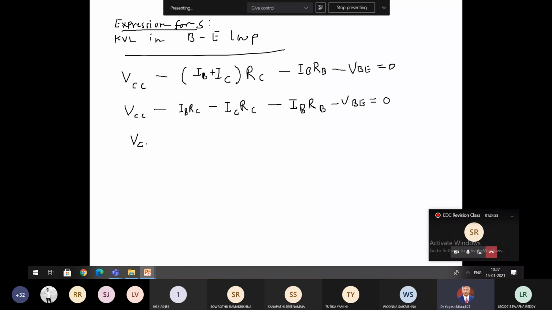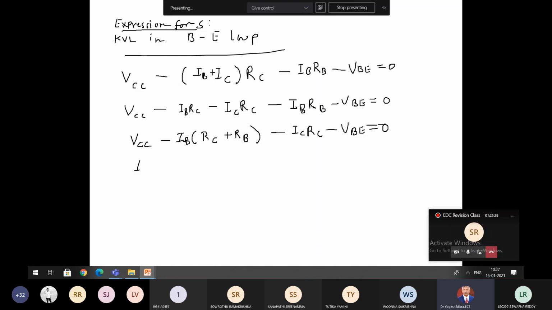I want to bring the expression in terms of IB, so I will take IB common: VCC minus IB, within brackets, (RC plus RB), then minus IC RC minus VBE is equal to 0.